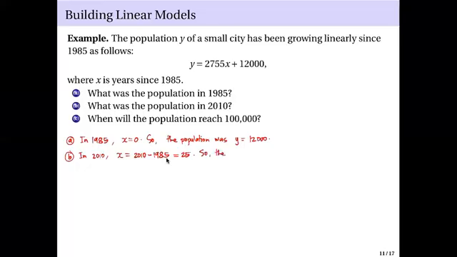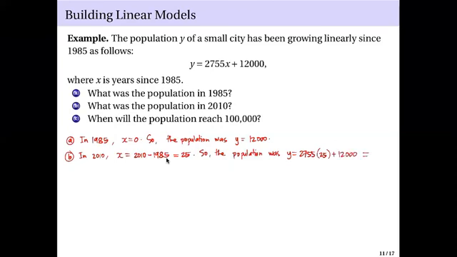So the population was Y equals 2755 times X, which is 25, plus 12,000.